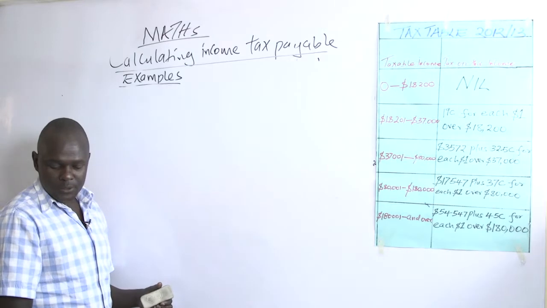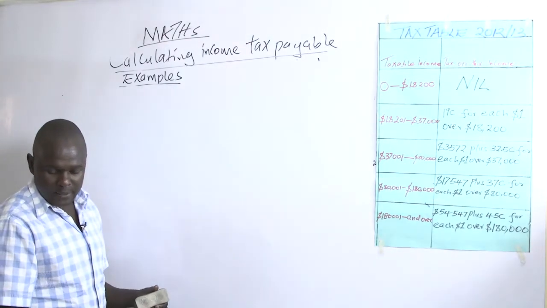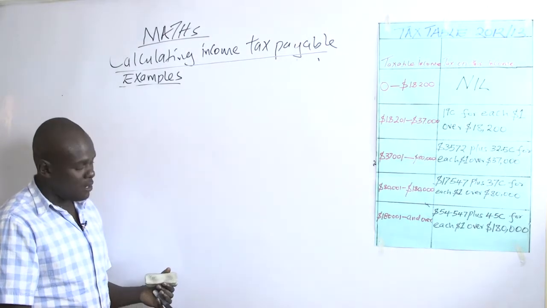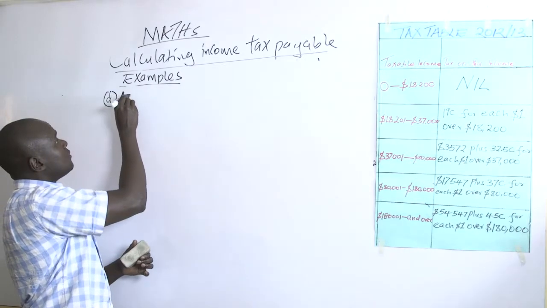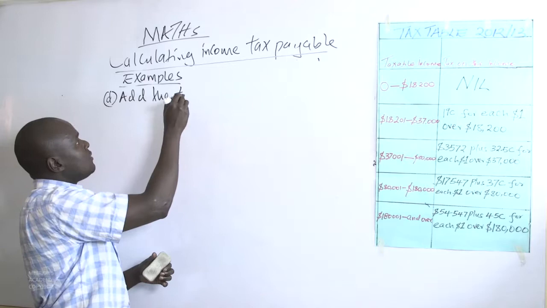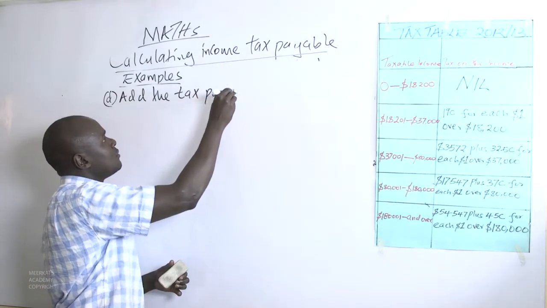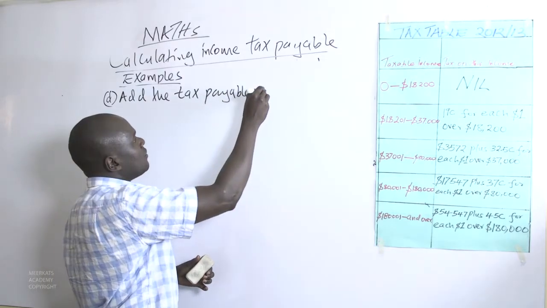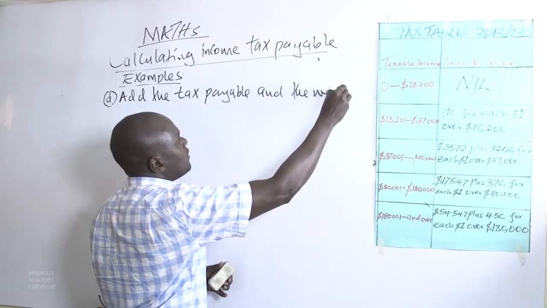Our next question is: add the tax payable and the Medicare levy amounts. It requires us to add the tax payable and the Medicare levy.